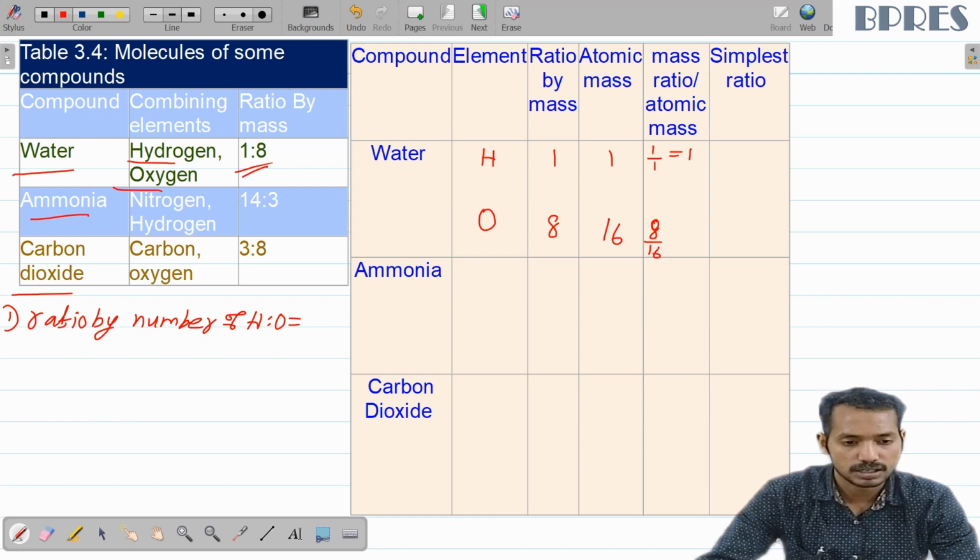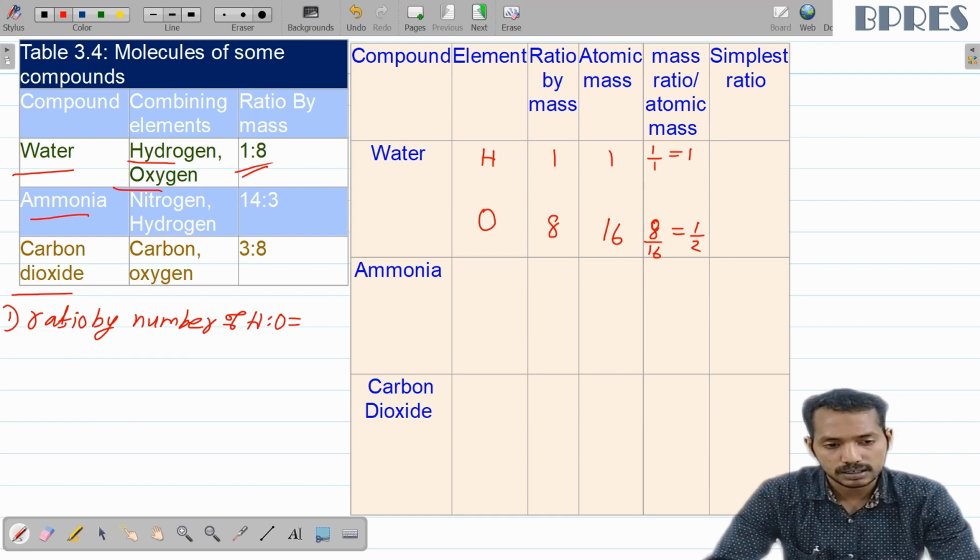So 8 by 16 is equal to 1 by 2, simplified. Now see here, this one is a fraction, another one is a whole number. So what is the LCM of the denominators here? 2. Here it is actually 1. So multiply by 2 to convert the fraction into a whole number. So we get 1 into 2, which is equal to 2, and 1 by 2 into 2 is equal to 1.